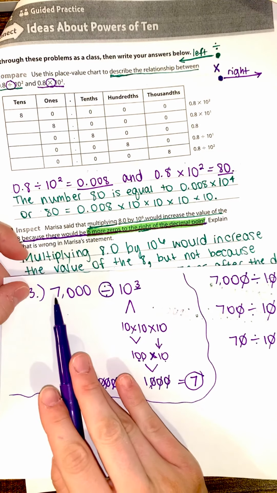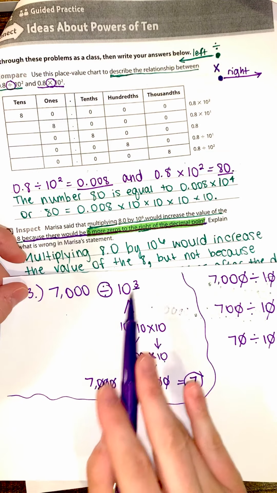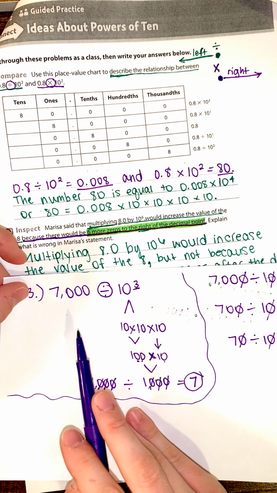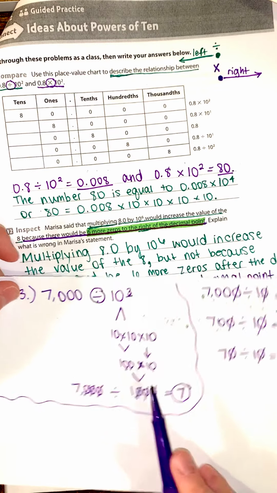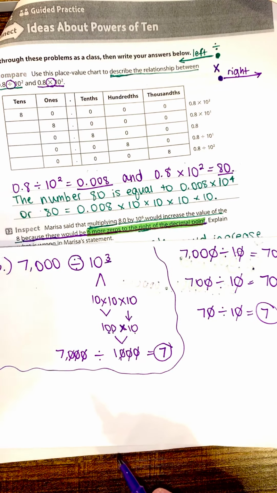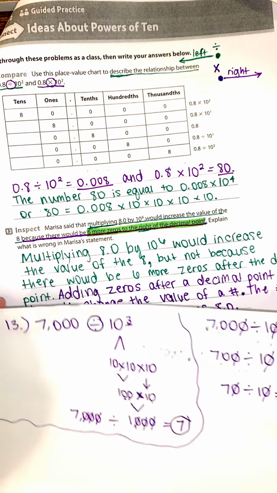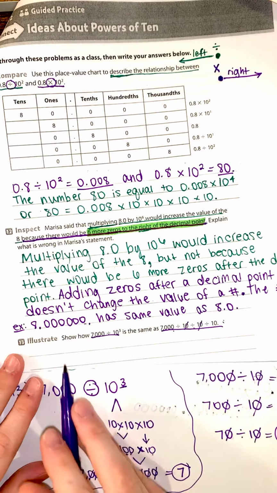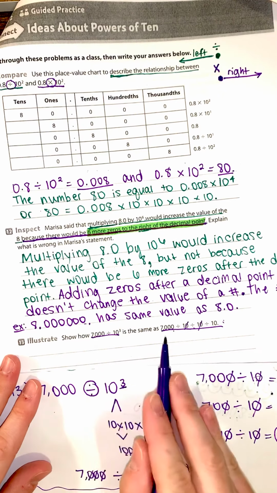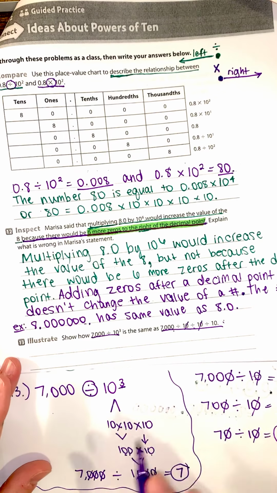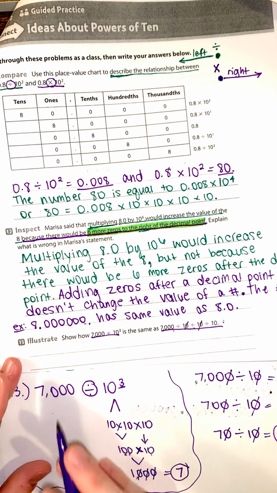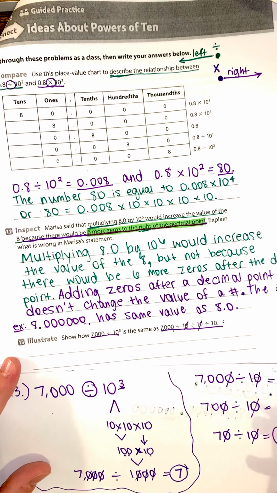When we divided 7,000 by 10 to the power of 3, it's basically saying 10 times 10 times 10. We got the answer of 7. So here's what I want us to do. It wants us to show how they are the same. Basically what we just did on our scrap sheet of paper, we're going to make it a little bit nicer and neater as our answer, okay?